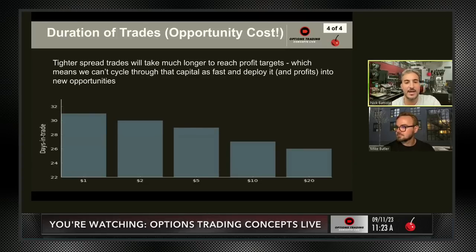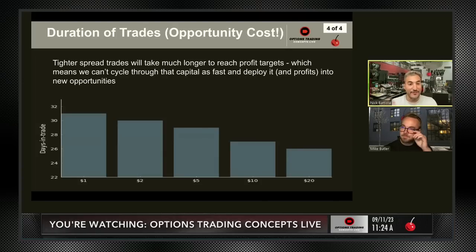When you look at these spread trades, it might not seem like a lot, but when you're doing this 10 times a year, right, and your $20 wide is getting to profits 4 or 5 days faster than your $1 wides. When you do that 10 times, that's 50 days. That's 20% of your trading year, 252 market days per year.